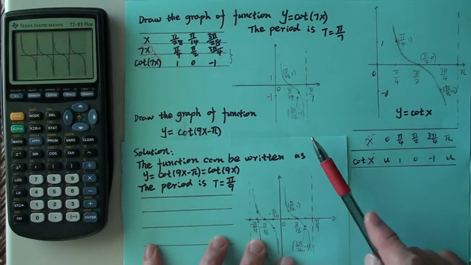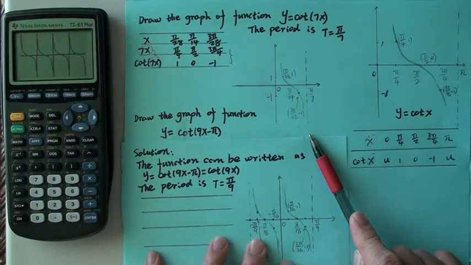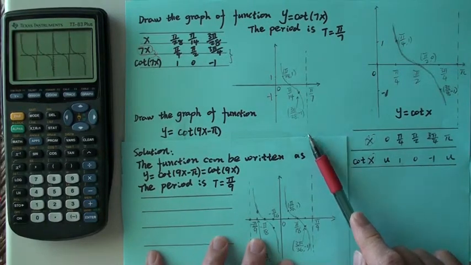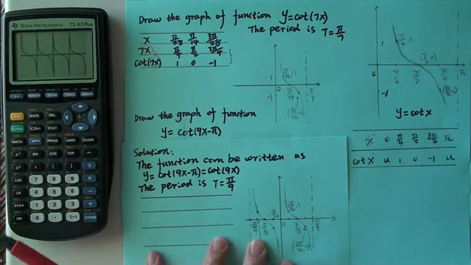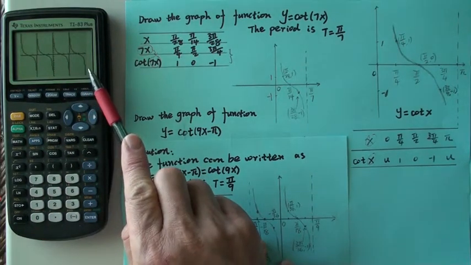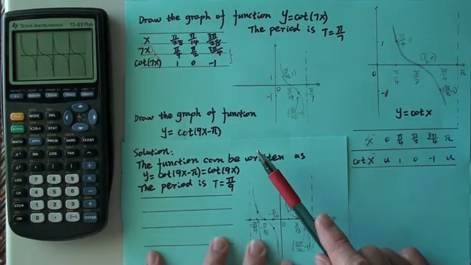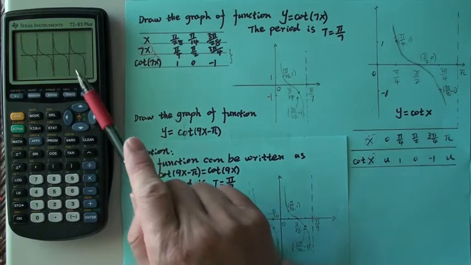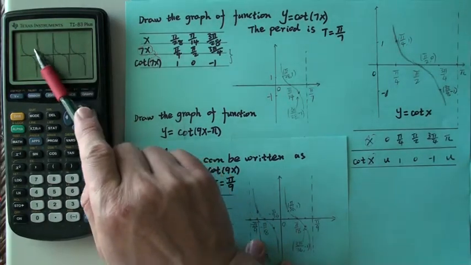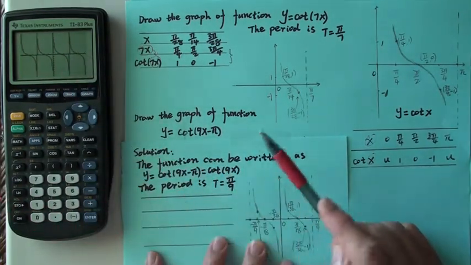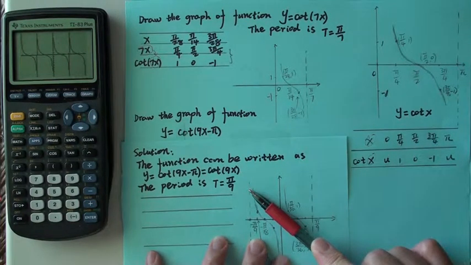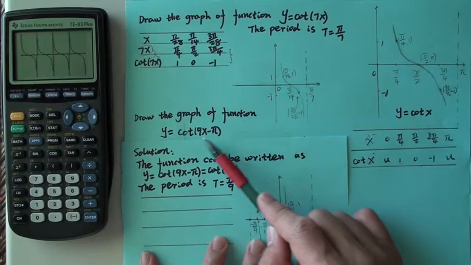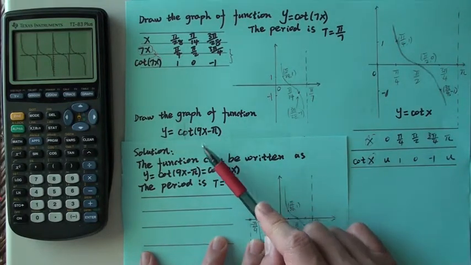This is what we need to be clear about when we use the calculator. You can always use the assistance of the calculator, but sometimes it gives you something not exactly right.